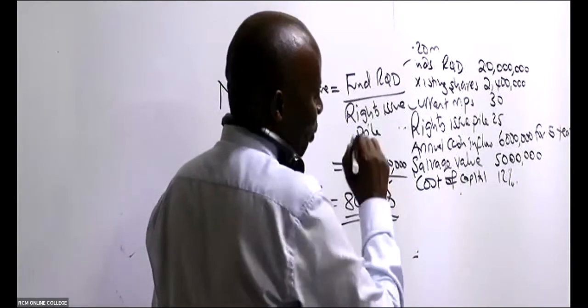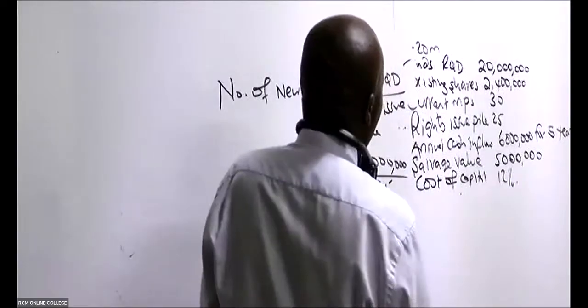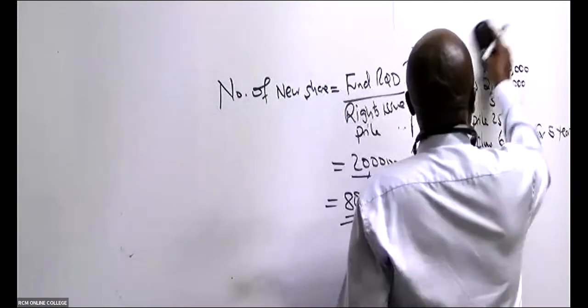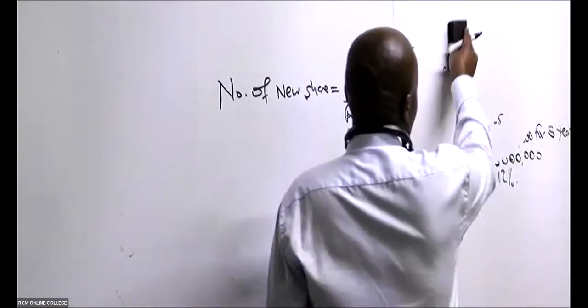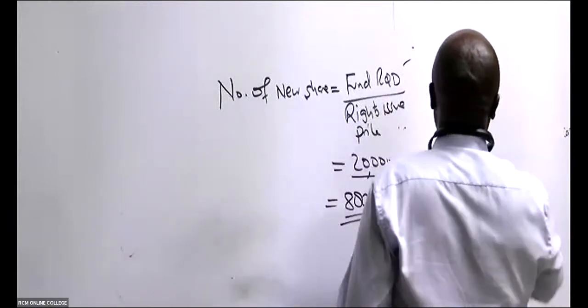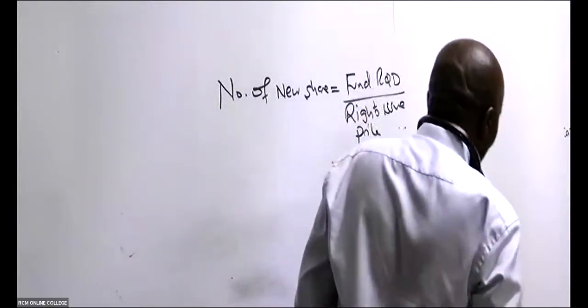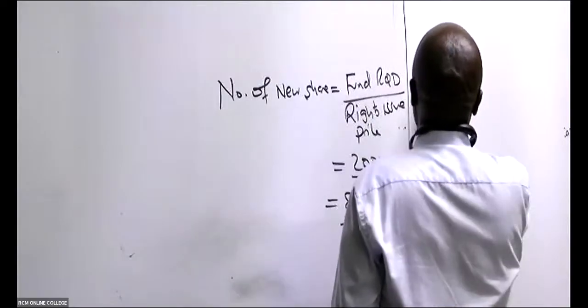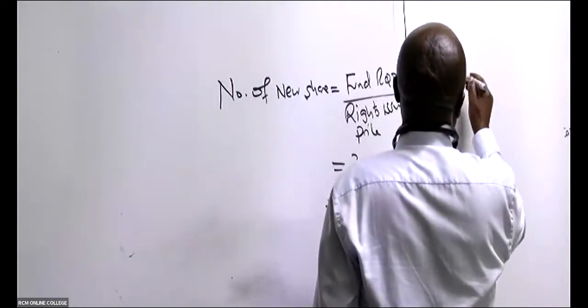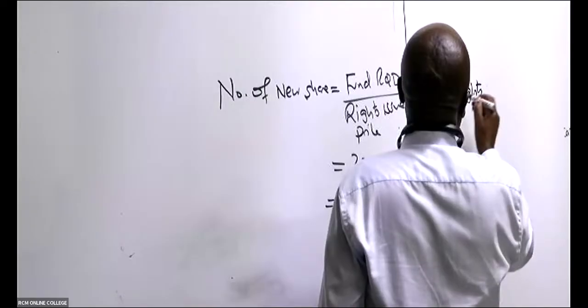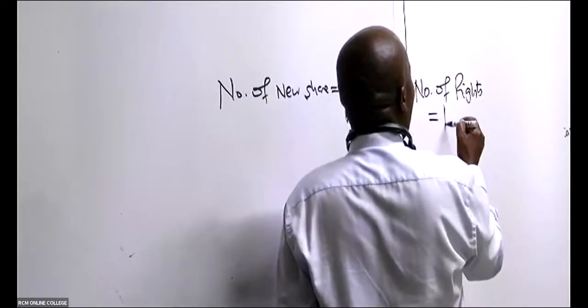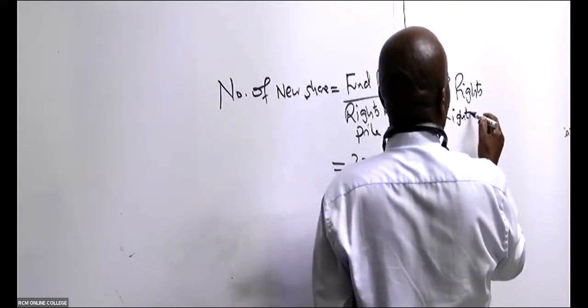After you get this, you should be able to give us now the number of rights. How do we get number of rights? Very easy. Easy peasy. This number of rights, we also call the rights ratio.